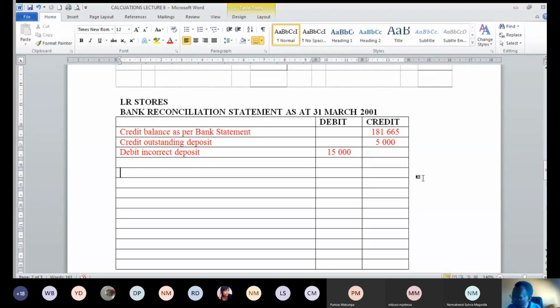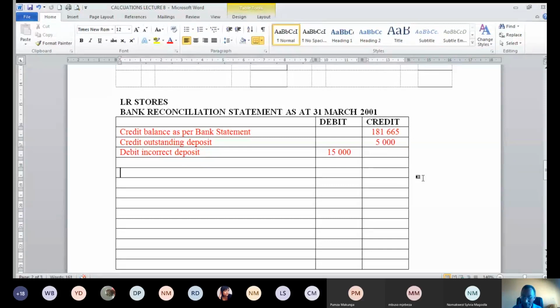And 1,900 Rand is there. And 55,000 Rand is not there. So, in your cash payments journal, you have indicated now that check number 218 for 900 Rand, check number 220 for 6,700, check number 223 for 500 Rand, and check number 225 for 55,000 Rand is not on the bank statement.